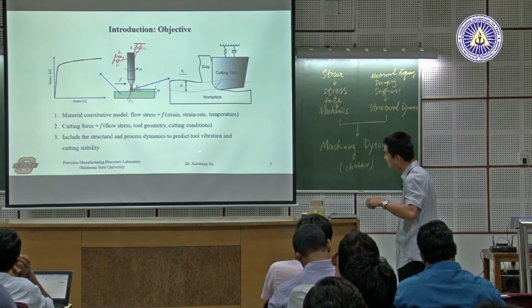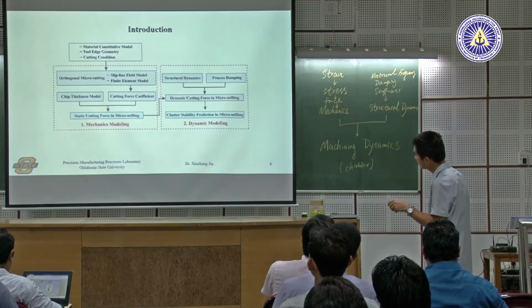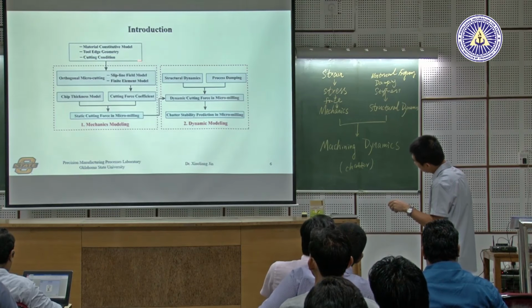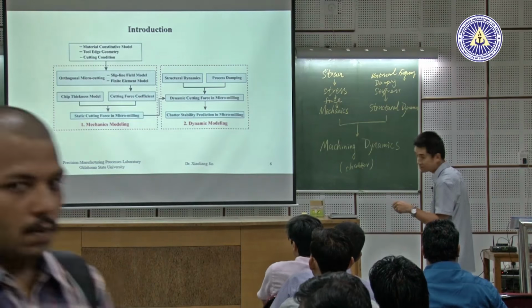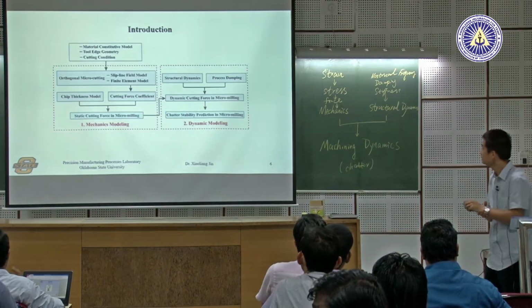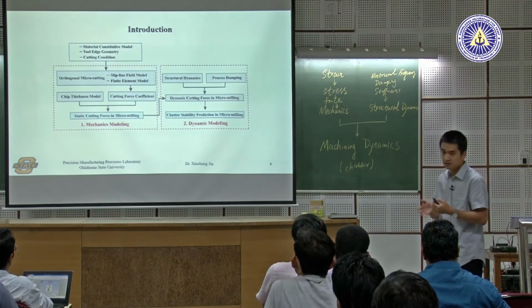So basically, this is a flow chart, which is similar to the one here, but we just emphasize it for the micro machining purpose. Again, based on the material constitutive model and the cutting conditions, I developed two models. One is called the slip line field model, which is based on classic material plasticity.